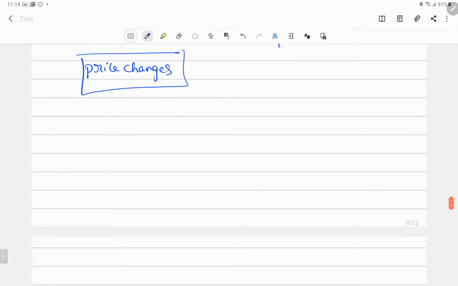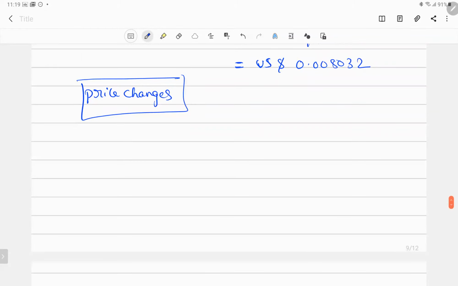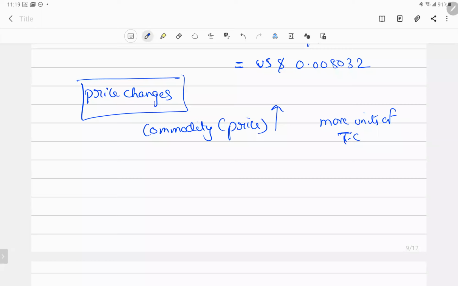So what is this price changes? So coming to the normal part, right? Suppose the commodity price rises, okay? It means that you have to pay more units of term currency. TC is nothing but term currency.